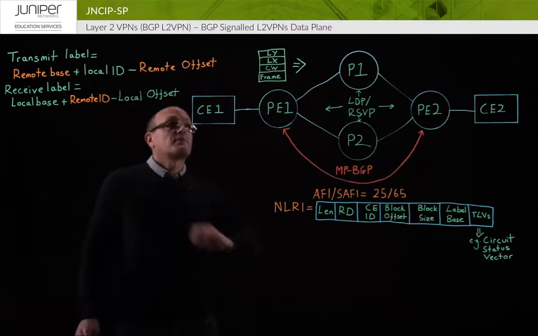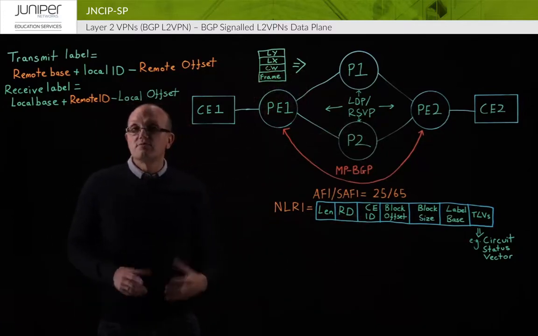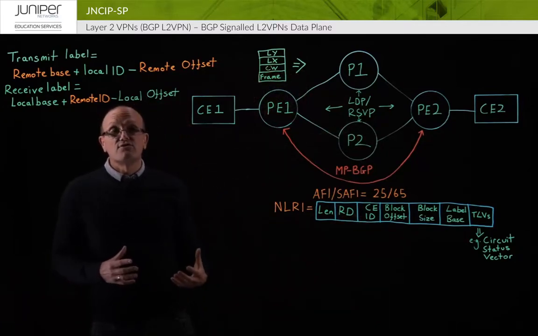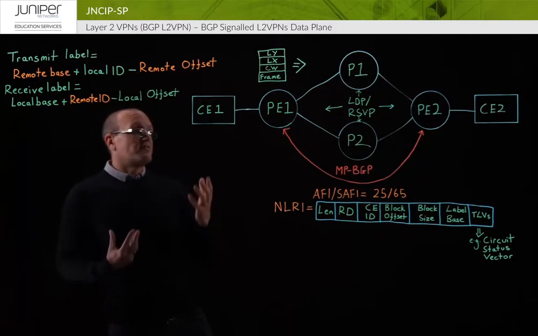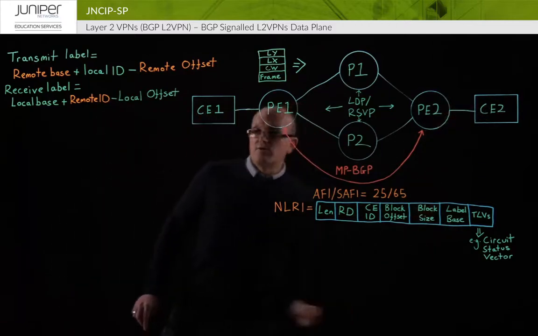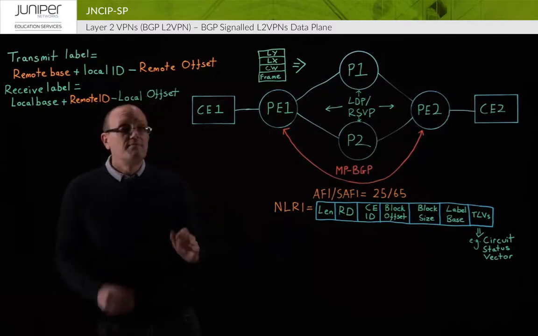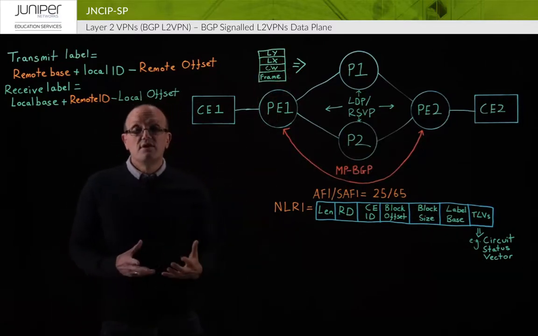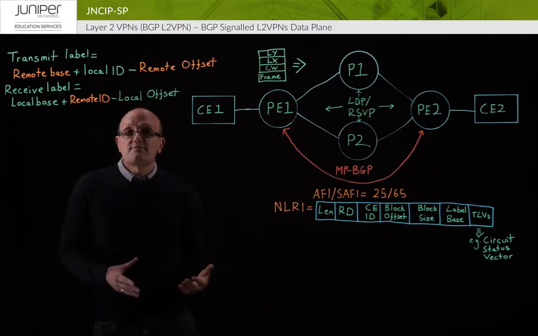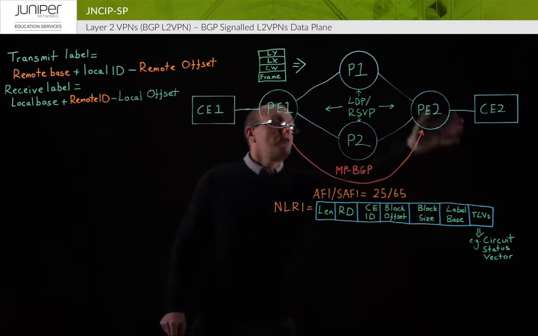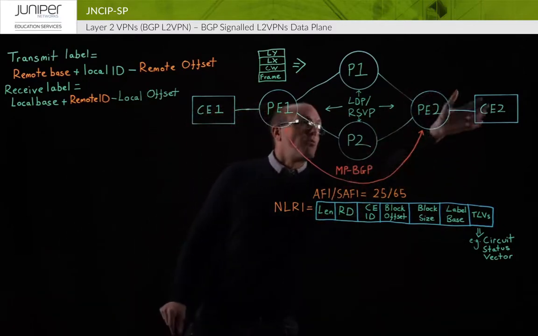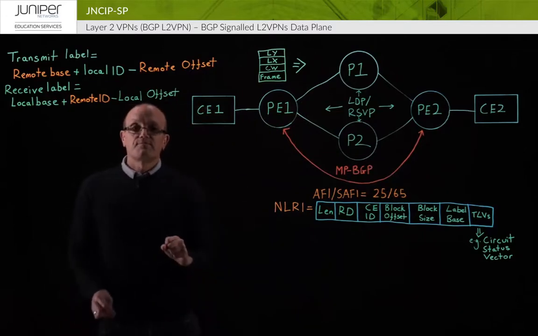Next up in the stack, we have the label that's identifying the virtual circuit endpoint. In this case, we'd be identifying CE2 here. And then above that, we have the label that's the start of the LSP that's going to get us to the PE device where this virtual circuit terminates.